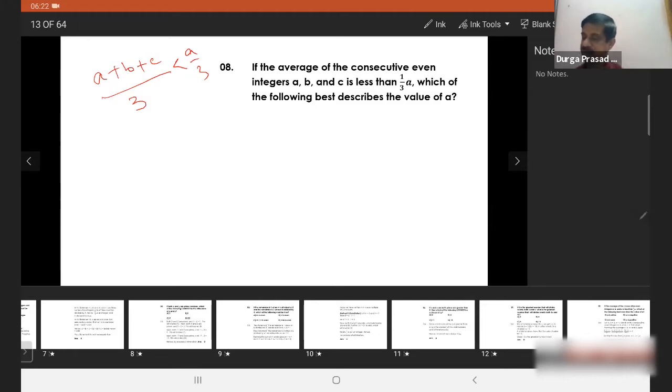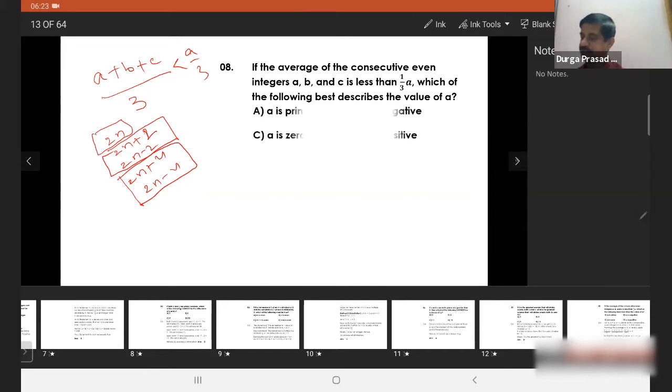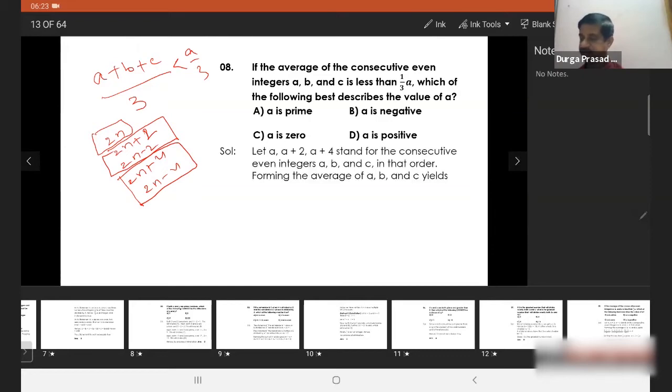Even integers can be 2n, 2n plus 2, 2n plus 4, or 2n minus 2, 2n minus 4. So this is how you get three consecutive even integers. Now, which of the following best describes the value of a? a is prime, a is negative, a is 0, or a is positive.